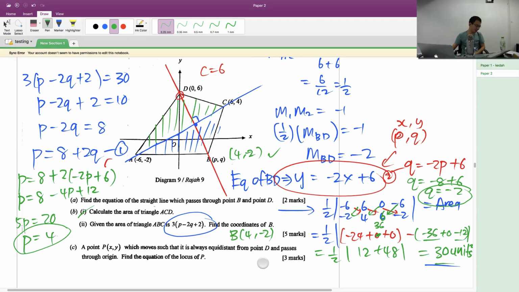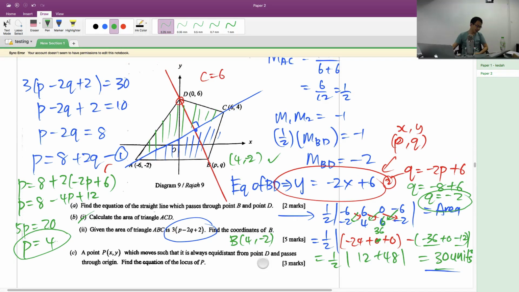And for C, it is a locus. In this case, they purposely do not give you a distance. They give it using the sentence: the point P which moves such that it's always equal distance from point D and passes through the origin. It means what?